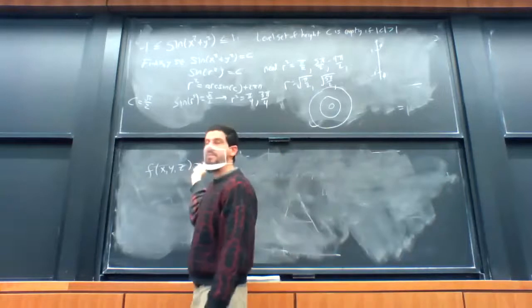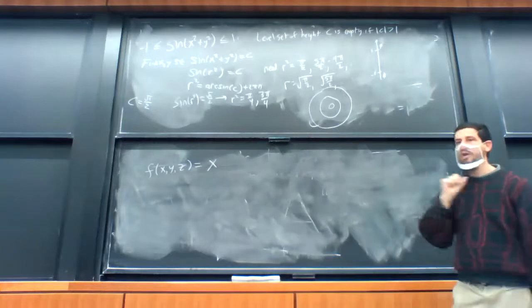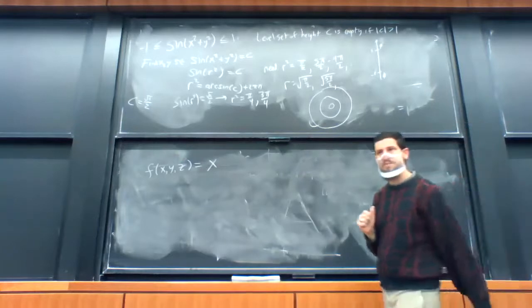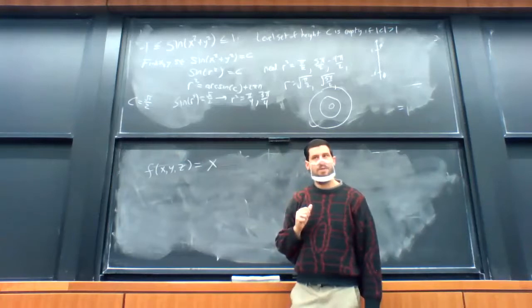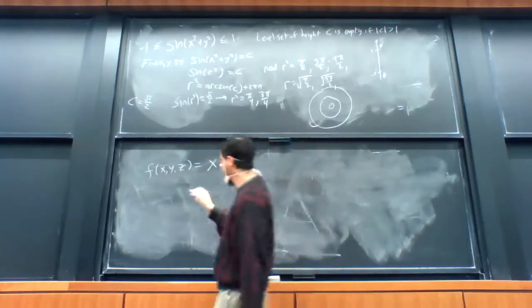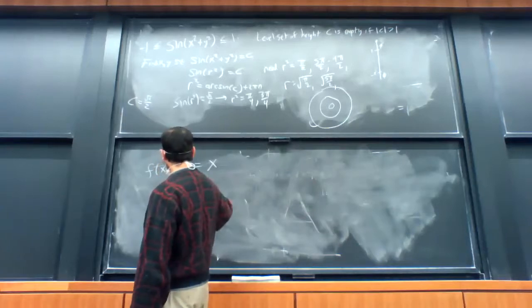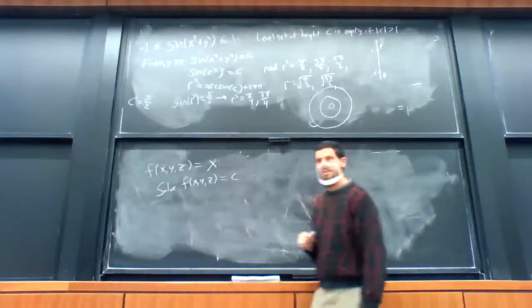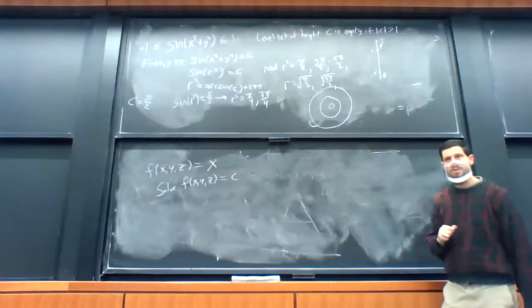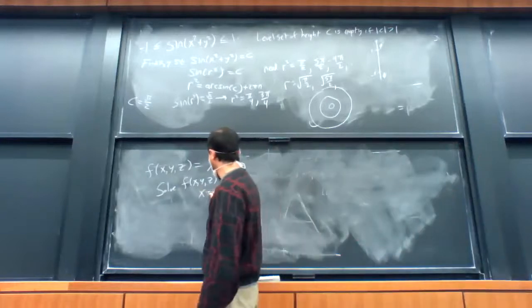So first of all, is every c possible? Or will some c's have no x, y, z's that will give you that? I want to solve f of x, y, z equals c. So what would x equal, what would y equal, what would z?